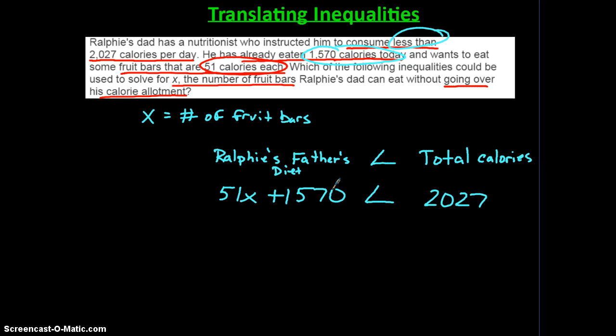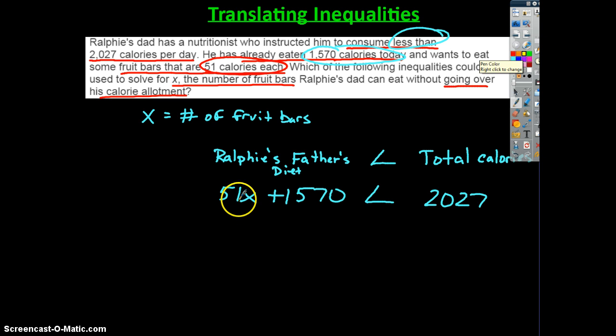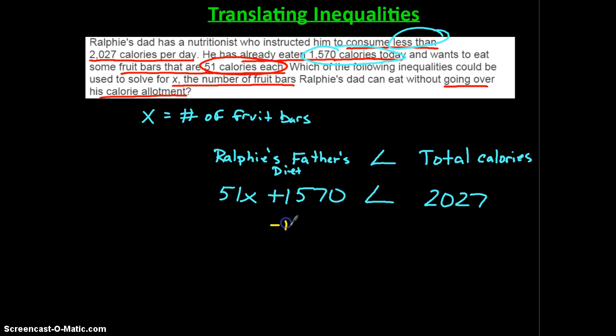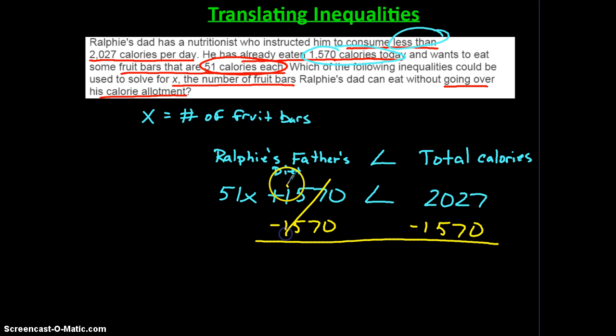So in this case, we know we have to get our 51x alone. So we subtract both sides by 1,570. The 51x will drop down. So I'm going to drop in my 51x. It is less than. And now I'm just going through and subtracting 2,027 minus 1,570.